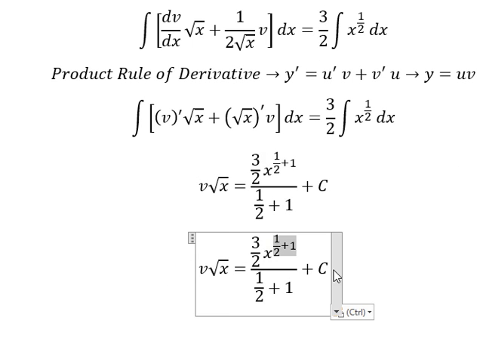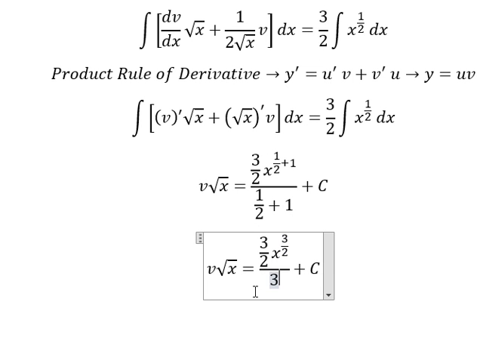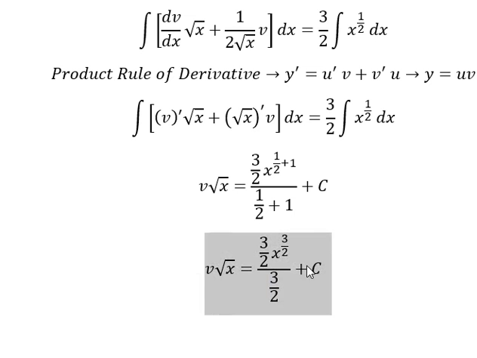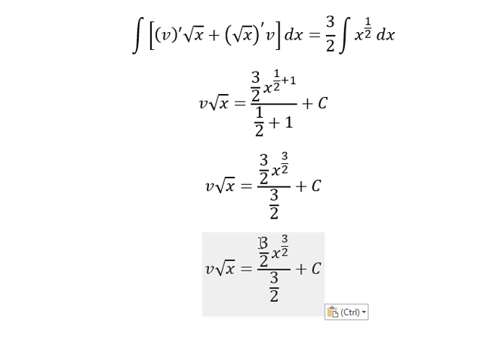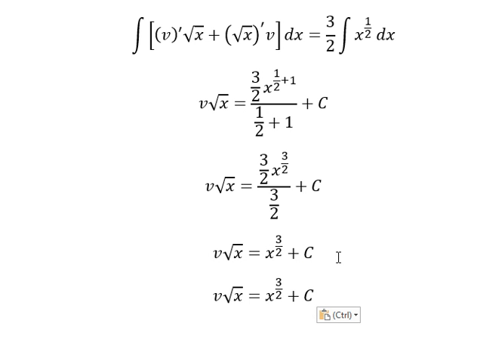This one we get 3 over 2. This one you get 3 over 2. We simplify 3 over 2 and you get this one left. Later we divide both sides by the square root of s.